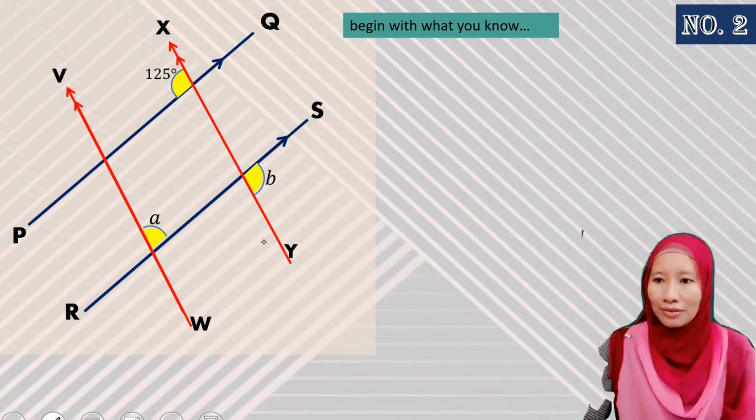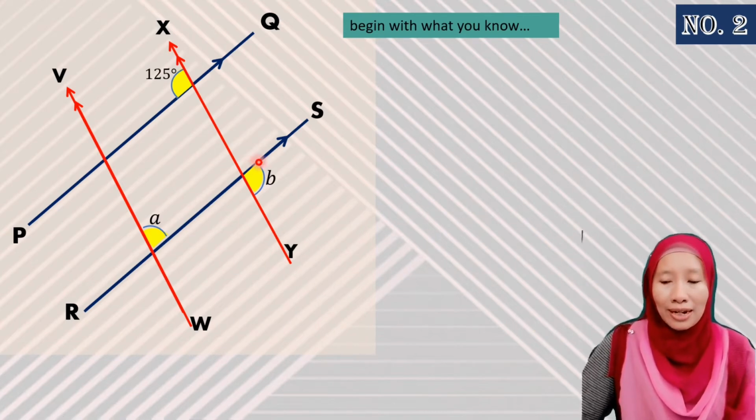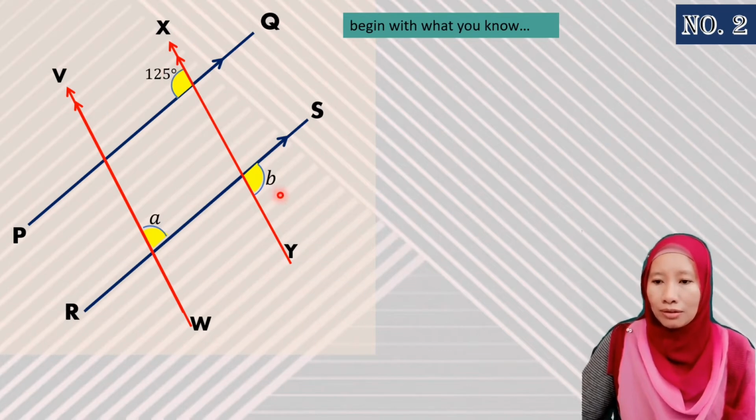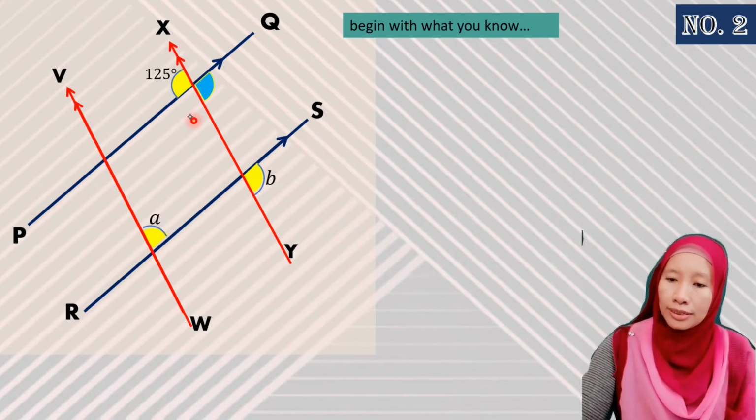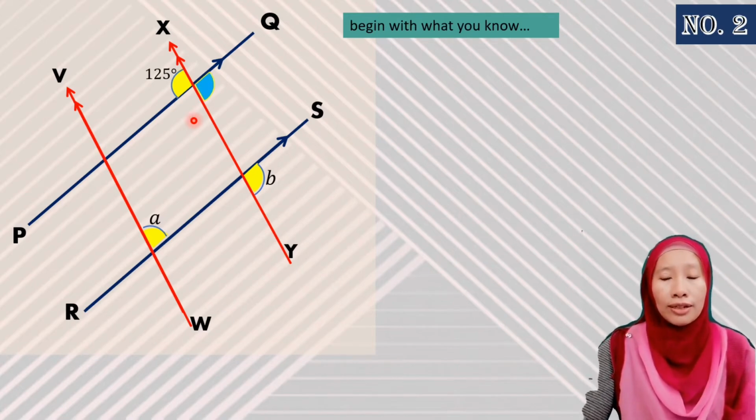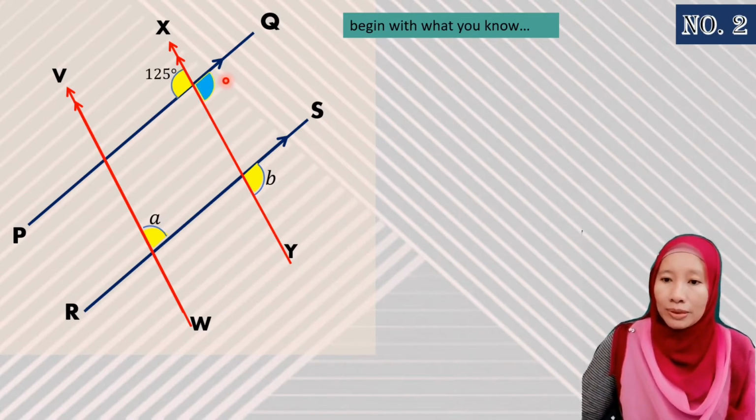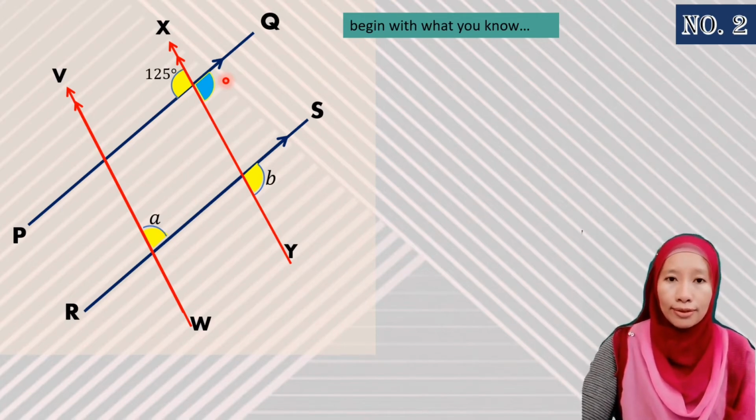Okay, next, begin with what you know. Remember that. So you know that over here is 125 degrees. So from here, 125 and B and A, they are far away and you cannot directly connect to B. So we have to look at what is nearest to 125, which is the vertically opposite angles, and they are the same value, 125 also.